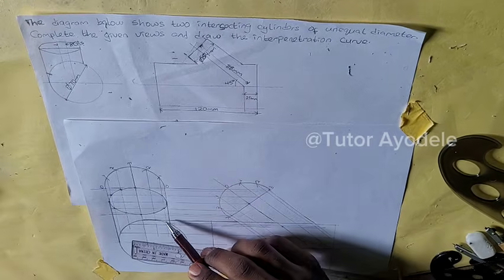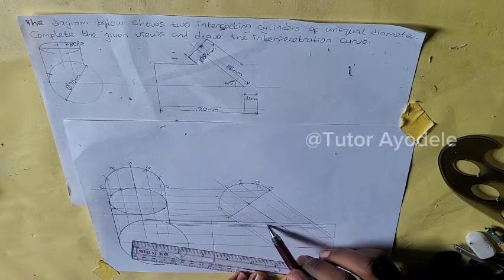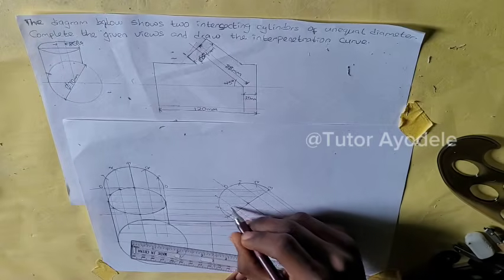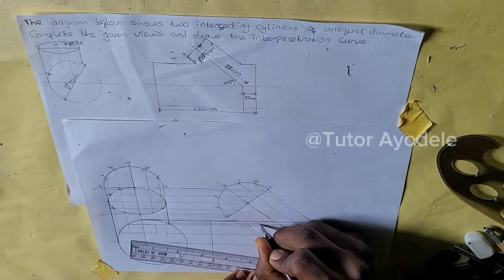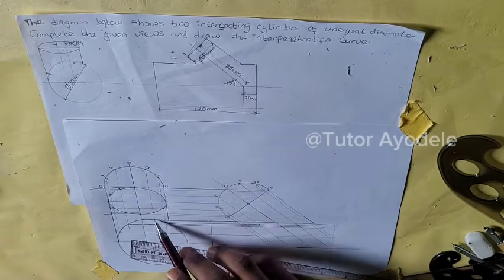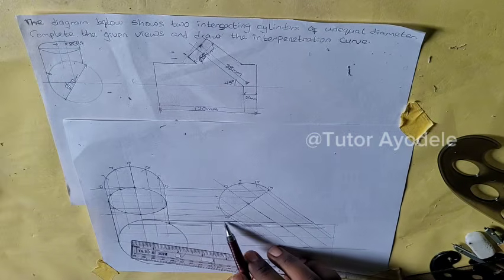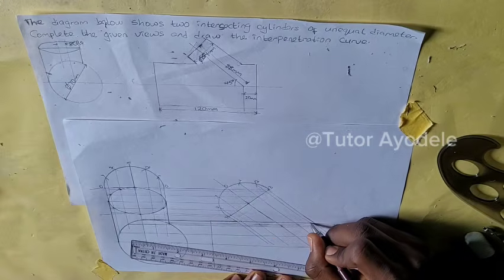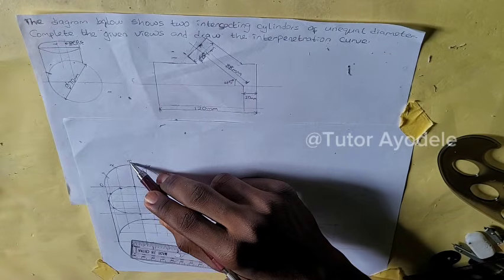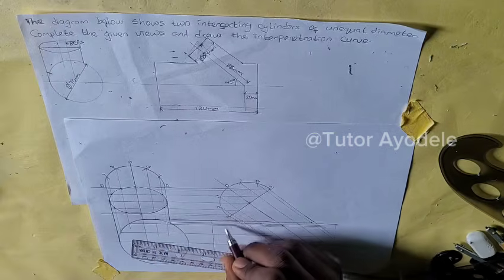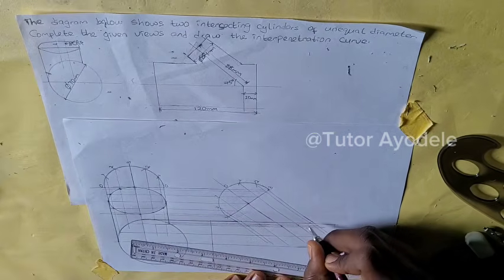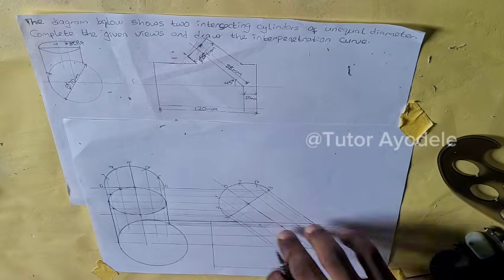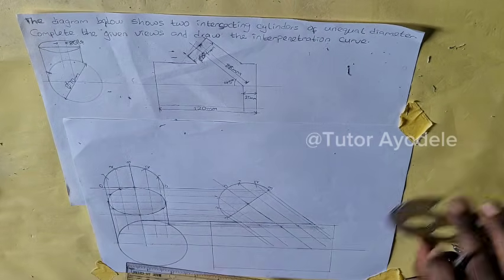At point 1, I'll trace the line, and where I see 1, I'll mark it, and then another one, I'll mark it. At point 2, I'll trace the line, and where I see 2, I'll mark it, and then I'll mark it. Then at point 3, where I see 3, I'll mark it there, and I'll mark the second one there. So using my French curve, I can draw out this first curve of intersection.